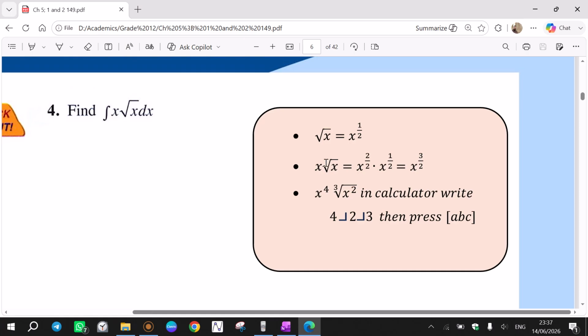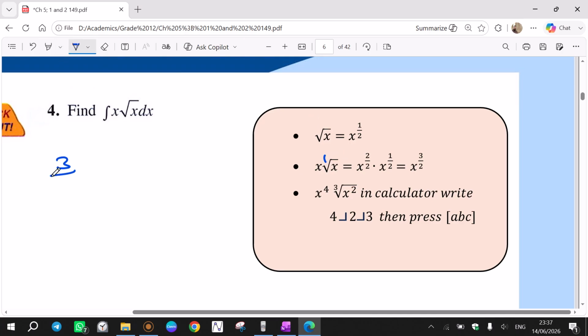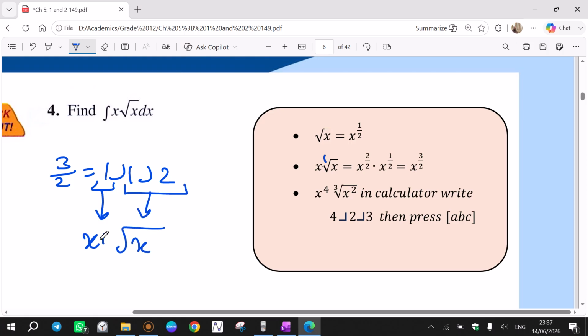The first one is going to be x power 1, and the 1 over 2 will be square root x. The first one is just x power 1. The second 1 over 2 is square root x. This one is not necessary to be written, so it's x square root x.